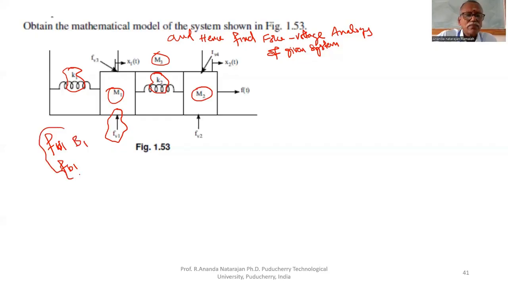These are all dashpot coefficients, frictional coefficients. Because of frictional force, this dashpot effect will be there. That is mentioned as FV1. Here FV2. Between two masses also that is mentioned. They mentioned FV3 and FV4.